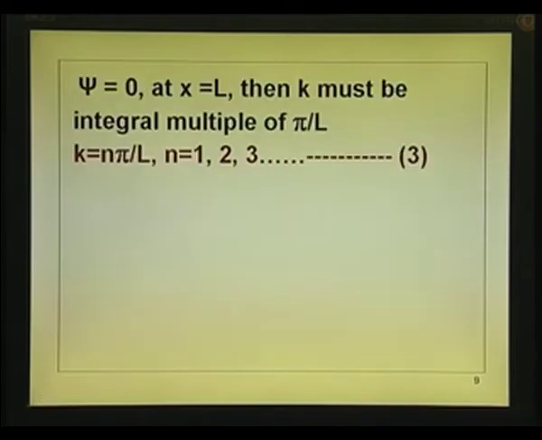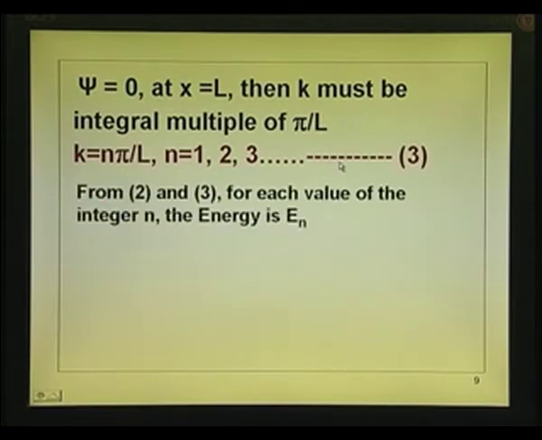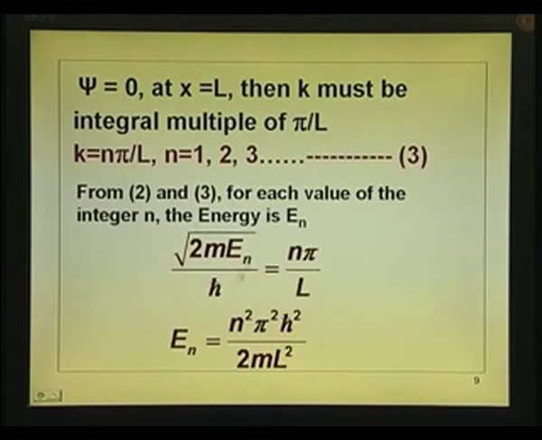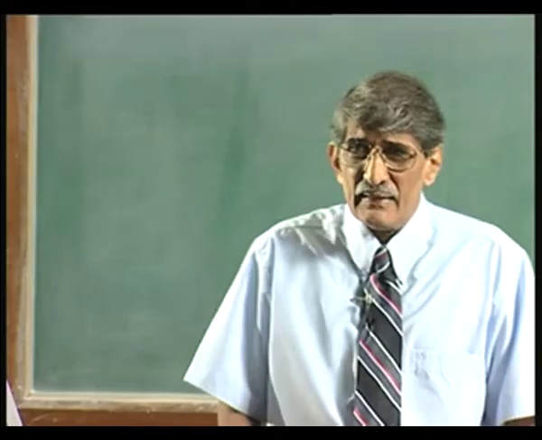Now, with that condition, psi equal to 0 at x equal to L, k is equal to n pi by L, where n takes 1, 2, 3 values. So, k is that quantity, and k also should be equal to n pi by L. So, from here you immediately know that n takes values 1, 2, 3.